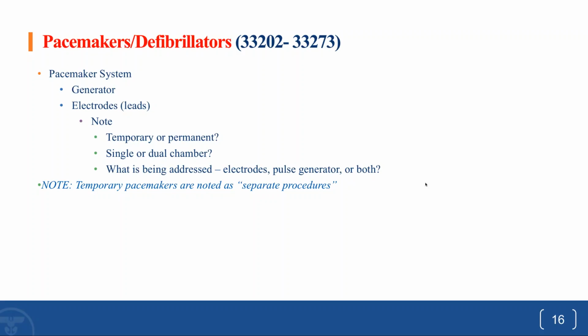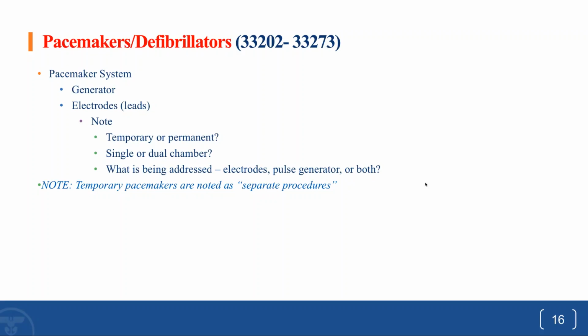On the left-hand side on page 195, you'll see all the different procedures. What I suggest, so it doesn't confuse you, is that you block them off. Like the first four are for insertion, so this is if you're putting in a pacemaker or placing a defibrillator.